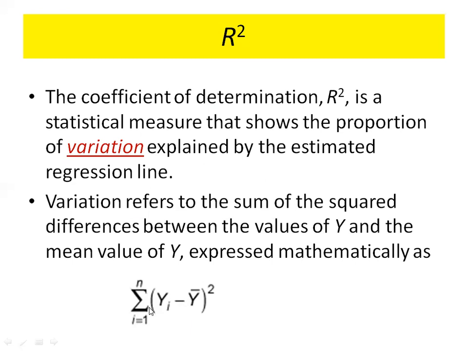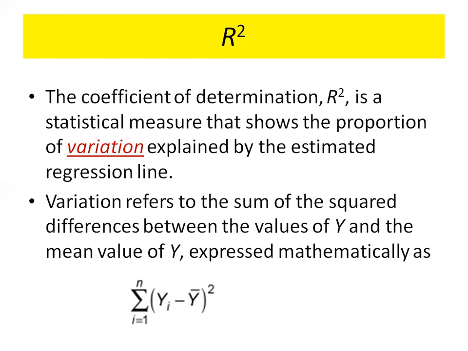So what we'll be getting is not the actual value of y but yi hat. In the case of the estimated regression line, as we know very well, we won't get the y values as such. We'll get values that are more or less than the values of yi. They are called yi hat, the predicted value of y. That value of y is predicted using the coefficients of the independent variables.